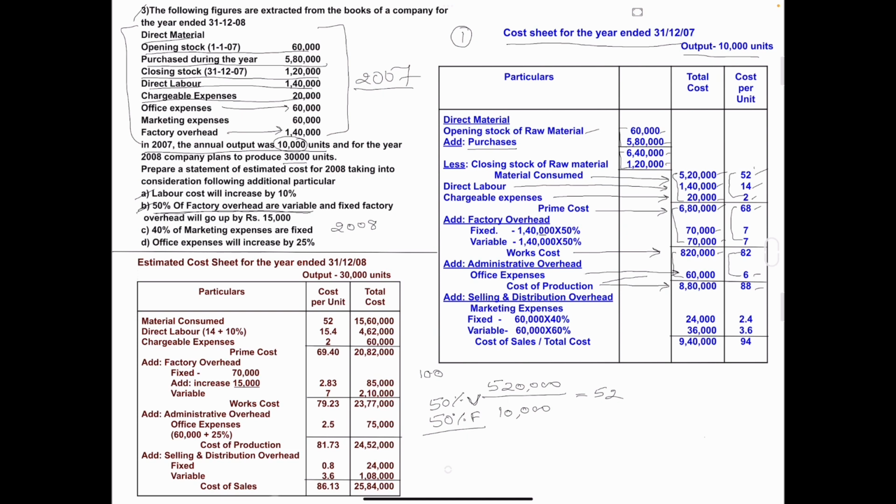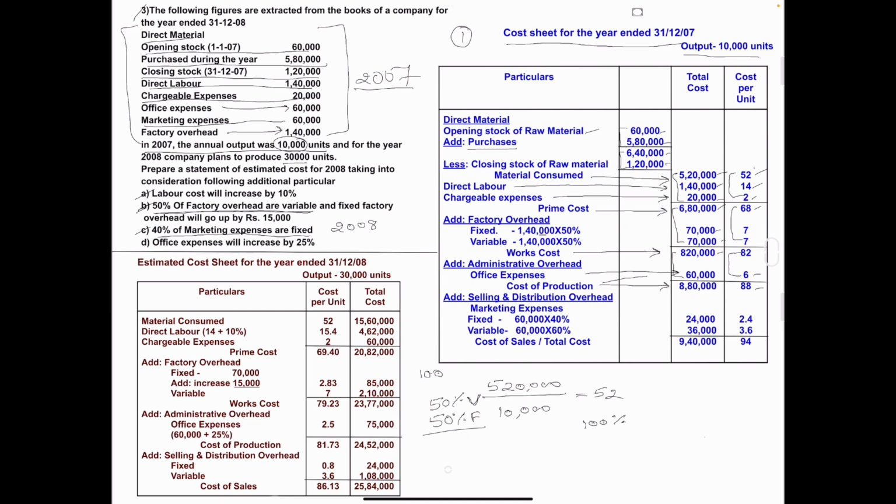Add selling and distribution overhead. Marketing expenses. See the problem. Marketing expenses we have to take under selling and distribution overhead. See this C point. 40% of marketing expenses are fixed. So this marketing expenses is classified into two types, that is fixed and variable. 40% we have to take as fixed overhead, and now how much remains?